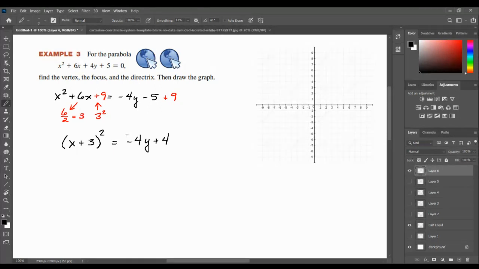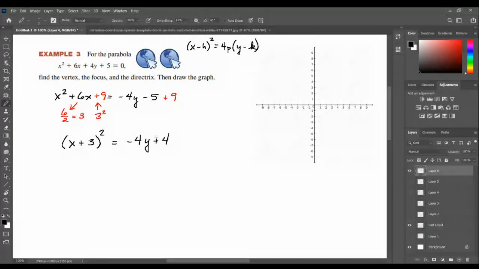Now in our formula, the one where x is squared, I'm going to write that up here. We've got (x - h)^2 = 4p(y - k). So I've got my x - h here.